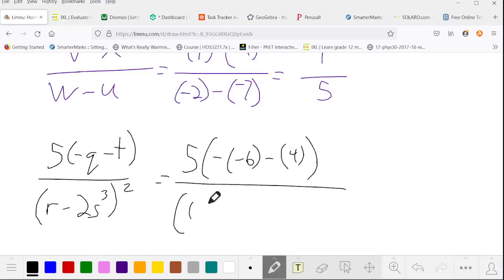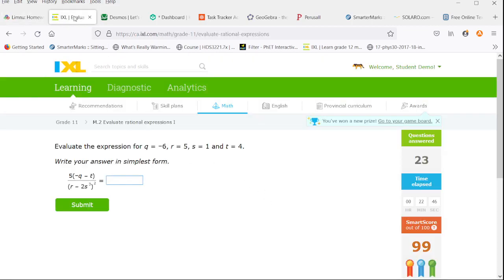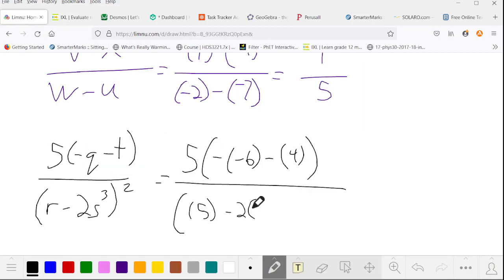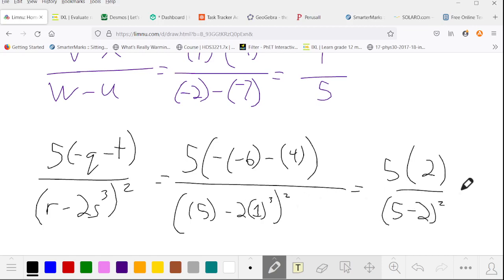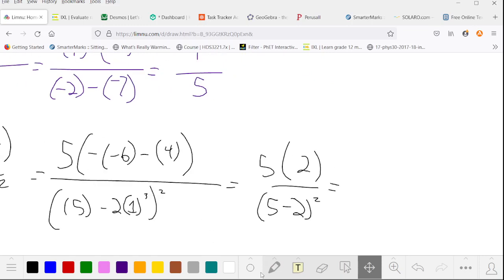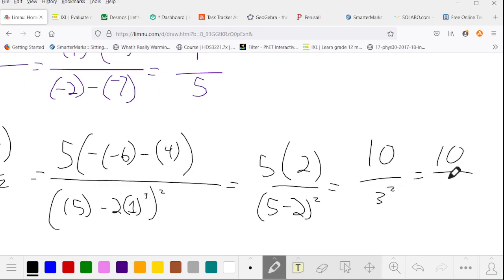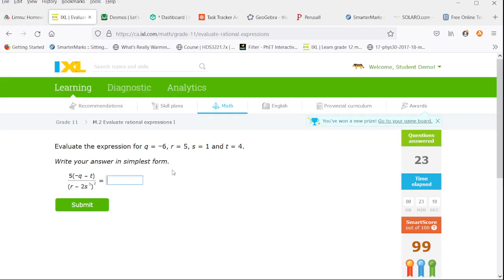R is 5. And s is 1. So our numerator is 5 times 6 minus 4, which is 2, all over 5 minus 2 squared. So that is 10 over 3 squared, or 10 over 9.